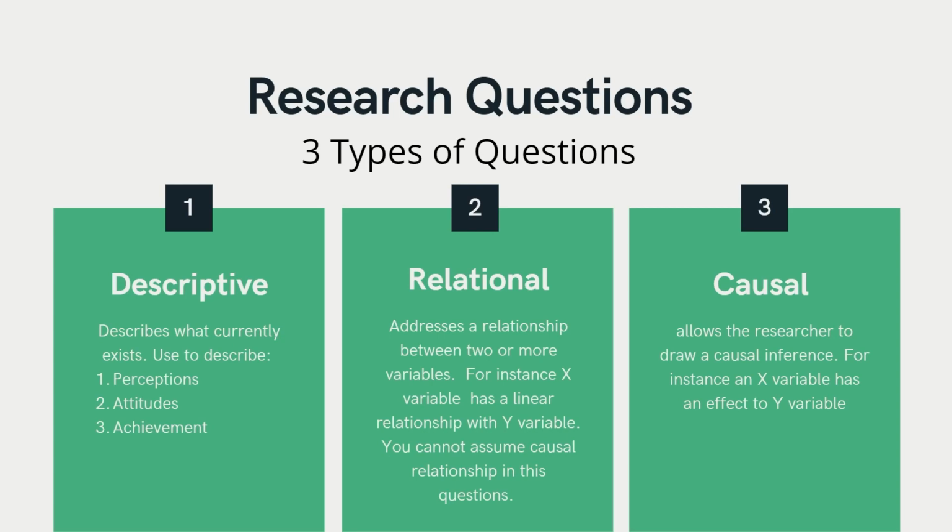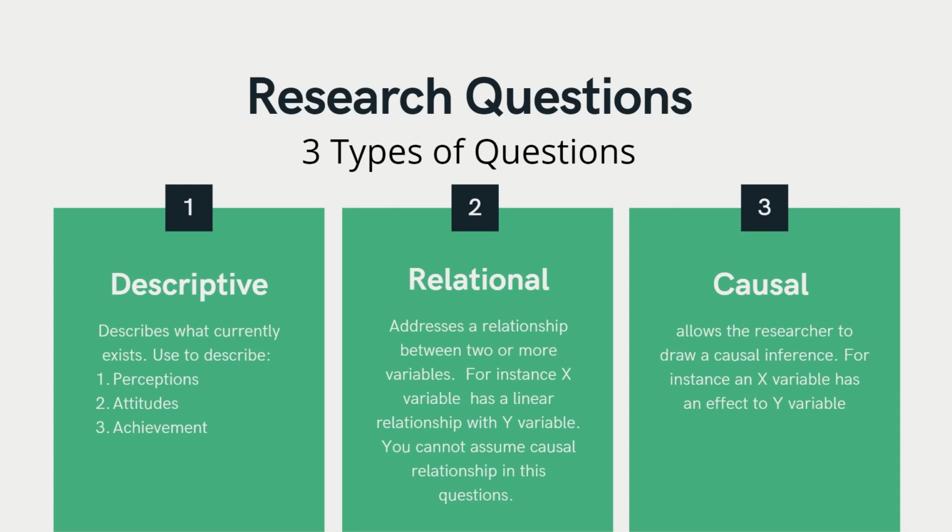So another one, which is the highest level, is the causal. So this type of question allows the researcher to draw a causal inference. So when you say causal, one variable really influences or causes the other one to change. So for instance, an X variable has an effect on Y variable, or the Y variable causes the X variable to move or to increase or to decrease.